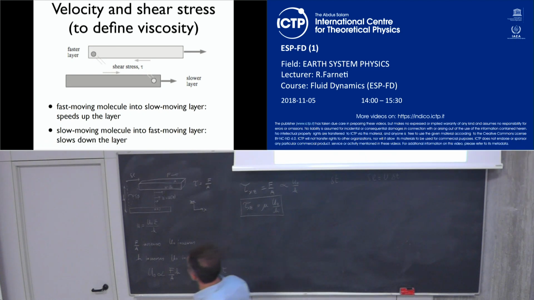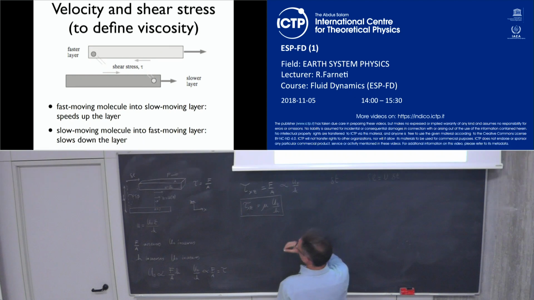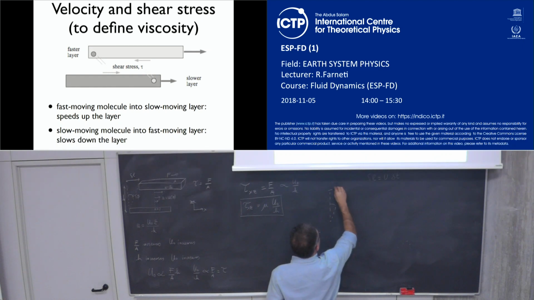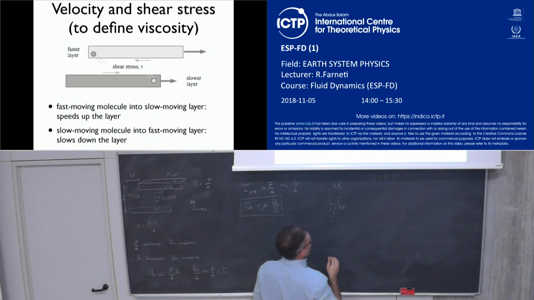Okay, that's the space that the fluid has been deformed, which is this. This is delta b. This is delta L. Okay.